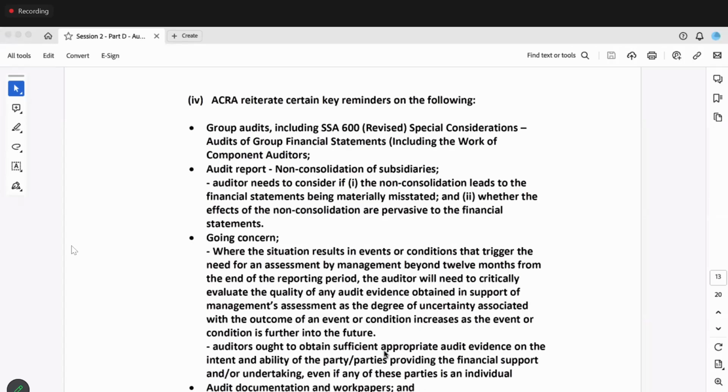All right. So in the recent 2023 report that's issued by ACRA on their inspection findings, these are some of the key areas that they discuss. All right. So I just want to highlight to you, these are the key areas. It could be some of the areas that the examiner will also be looking at. So these are some of the popular ones: group audit. All right.